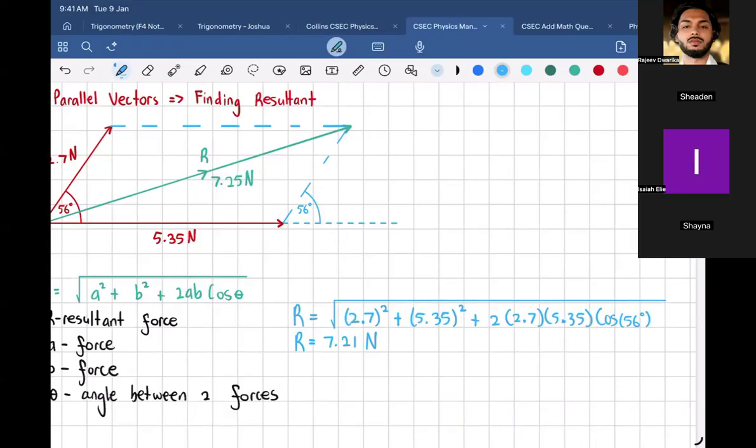I also got 7.21. Great. I mean, you're supposed to get the same answer, right? So great. What do you think about it? Cool? Very convenient. You don't need the whole diagram or just use the calculator, just use the method, just use the cosine vectors. Yeah, the cosine.